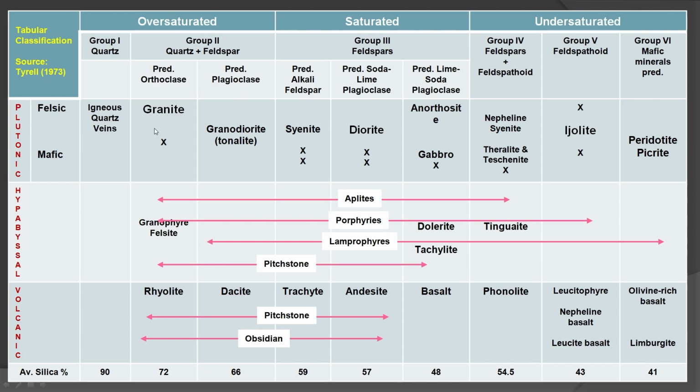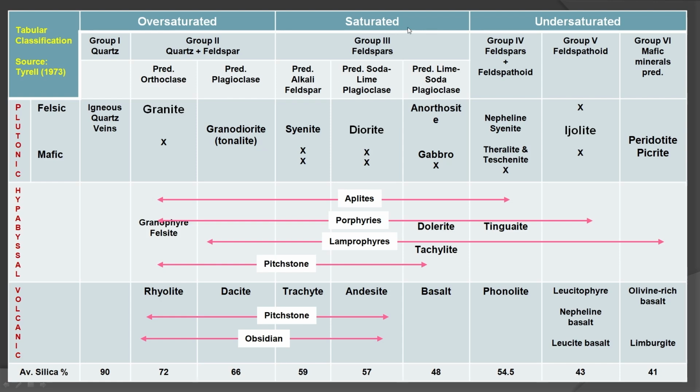And this is resulting in two different types of rocks. If we have a greater proportion of orthoclase feldspar in group 2 along with quartz, then we call that rock a granite. Likewise, if we have predominance of plagioclase feldspar along with quartz in group 2, we will call that plutonic rock a granodiorite.